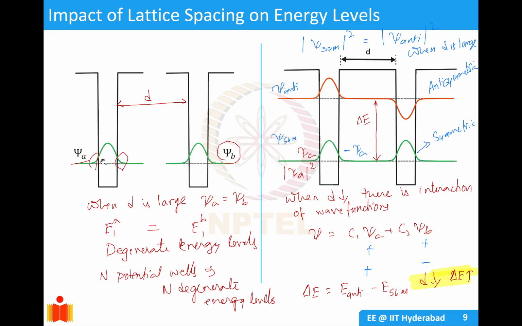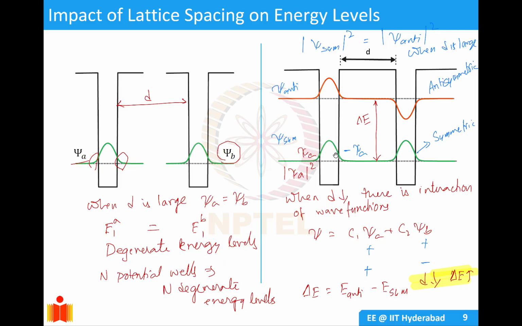So all lattice points are equivalent, and you have the same wave function and the same energy. So you will have degenerate levels, which means the energies are the same for each lattice point. And if we assume there are n such potential wells, then there will be n such energy levels.